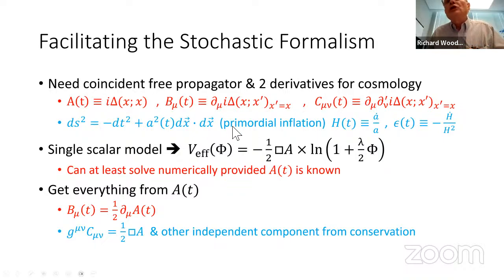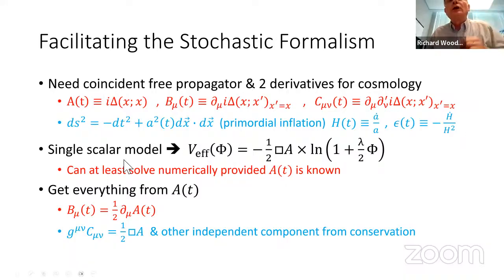And we need them not just on de Sitter, which is easy, but for a general homogeneous and isotropic background which has undergone primordial inflation, hence the origin of the title, Remembrance of Things Past.